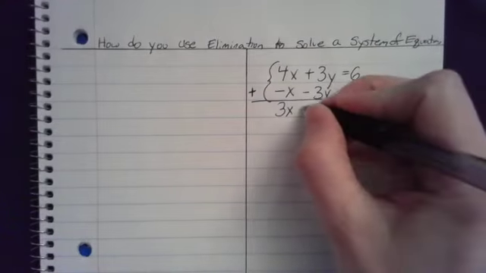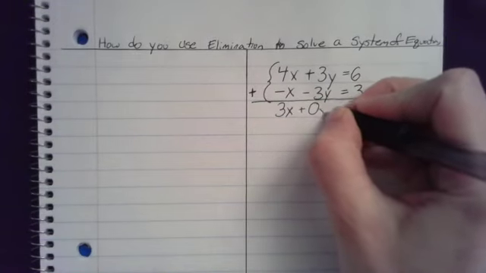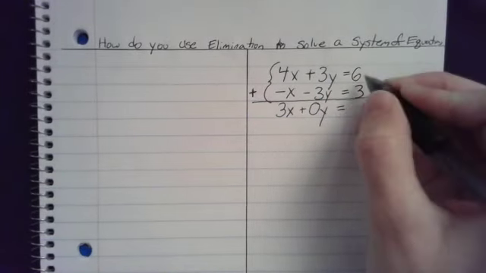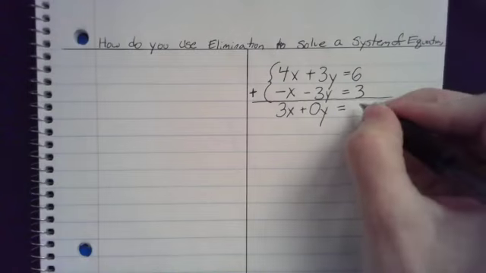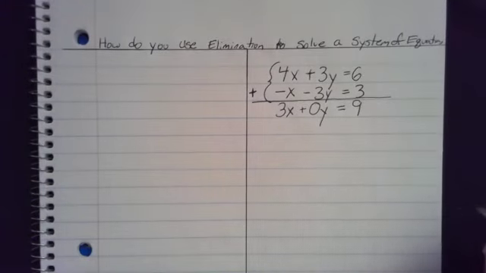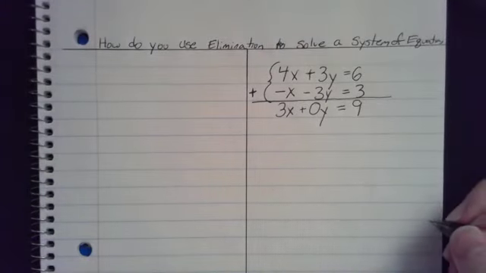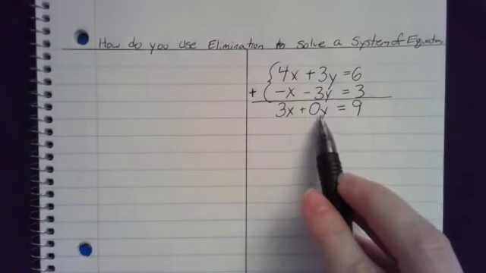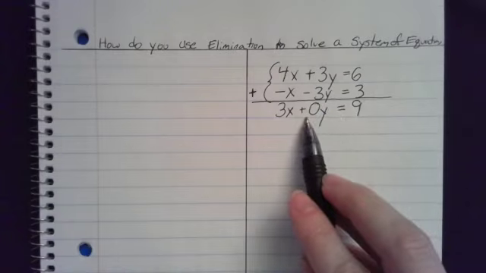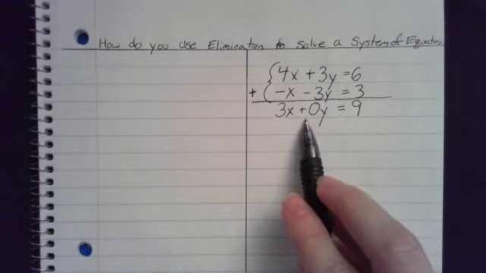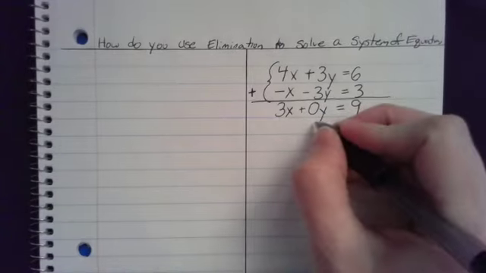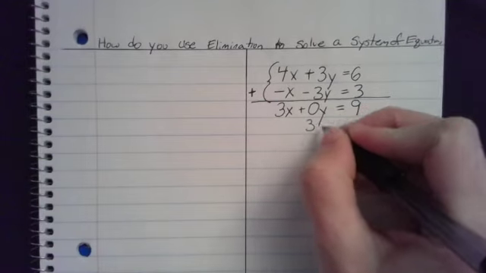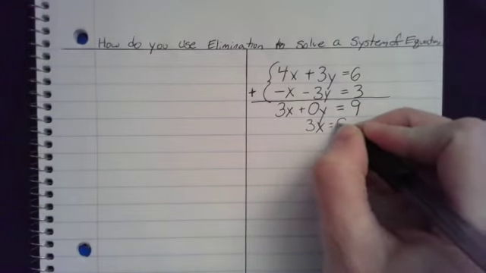So that's going to give me 0y equals, and 6 plus 3 is 9. I wrote the 0y just so that you can see that they add up to be 0, but we don't actually need to include this because it's 0y. So really our equation is just 3x equals 9.